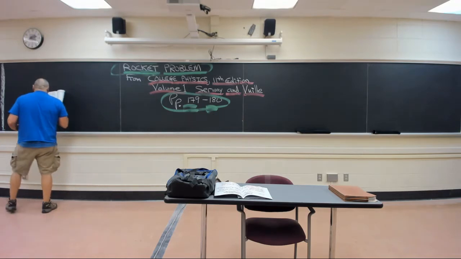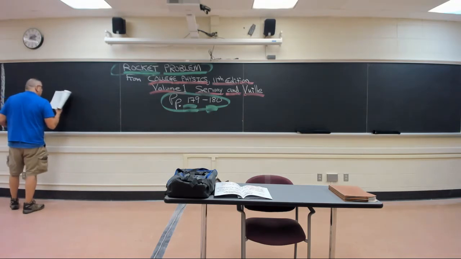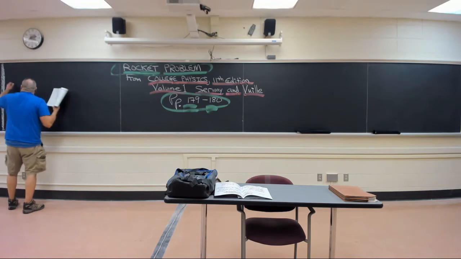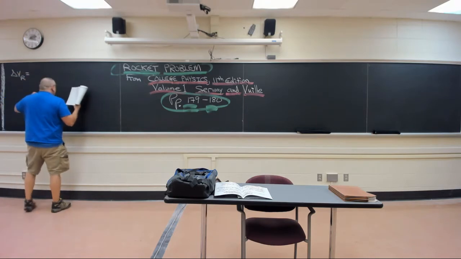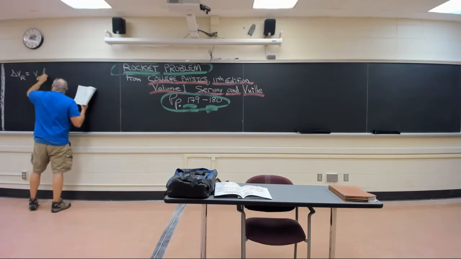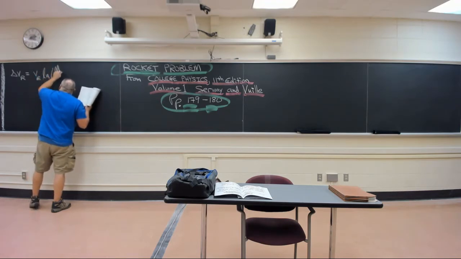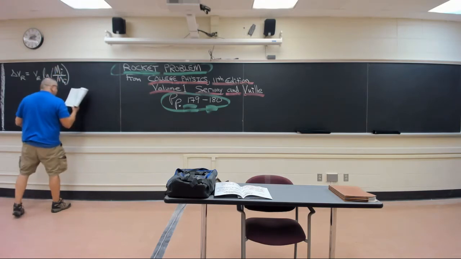Remember, the delta v of the rocket is going to be v of the exhaust times ln of the ratio of the initial mass of the rocket and the final mass of the rocket. It's going to look like that.